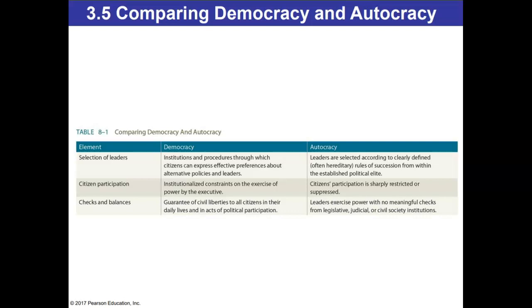In the United States, when we think of civil liberties, we think of the right to free speech or the right to assemble, to petition, to religion. These are just some examples. In an autocracy, leaders exercise power with no meaningful checks from legislative, judicial, or civil society institutions. So they've got a lot of power, and with that power comes a violation often of these liberties.